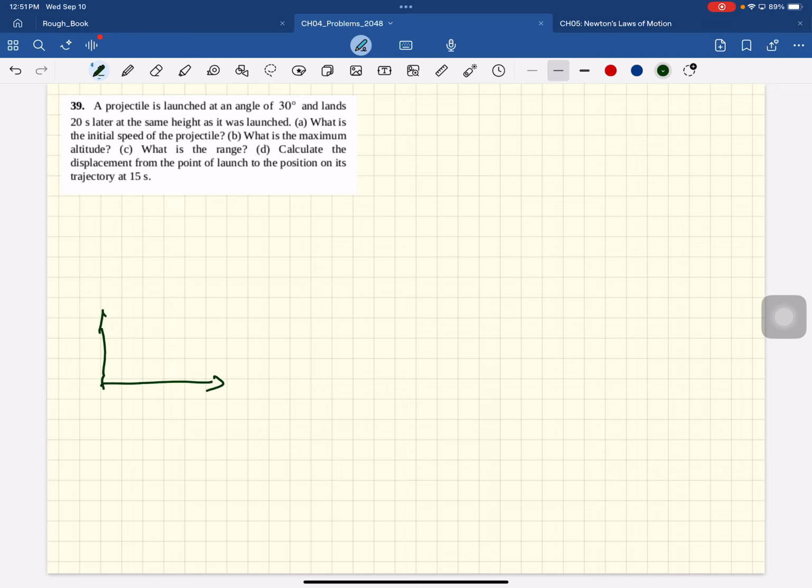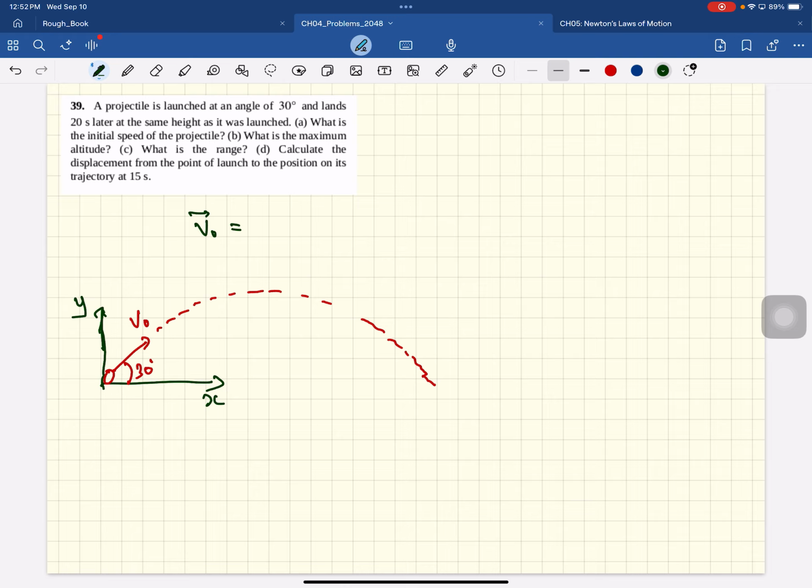So again, we'll set up our problem like so. You're going to launch it at V0 at 30 degrees. We are assuming there's zero air resistance. So x, y.